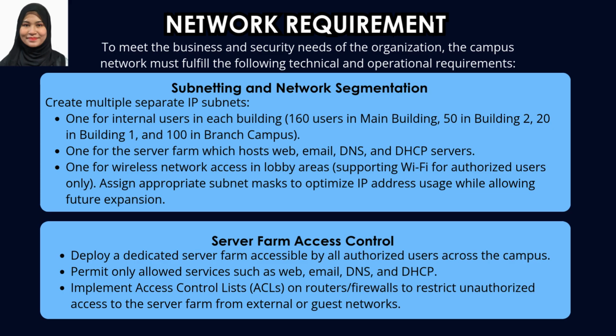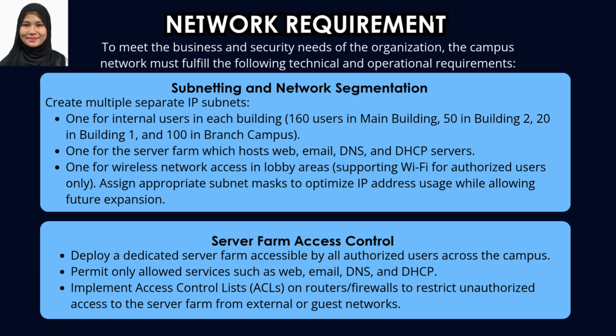This creates multiple separate IP subnets: one for internal users in each building, one for the server farm which hosts web, email, DNS, and DHCP servers, and one for wireless network access in lobby areas, supporting Wi-Fi for authorized users only. This assigns appropriate subnet masks to optimize IP address usage while allowing future expansion.